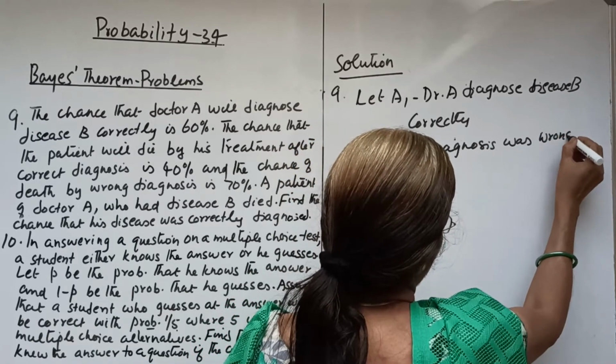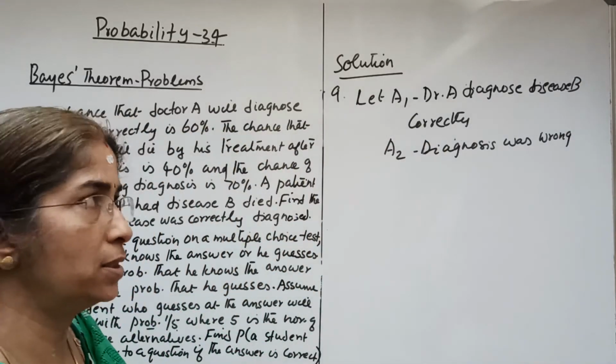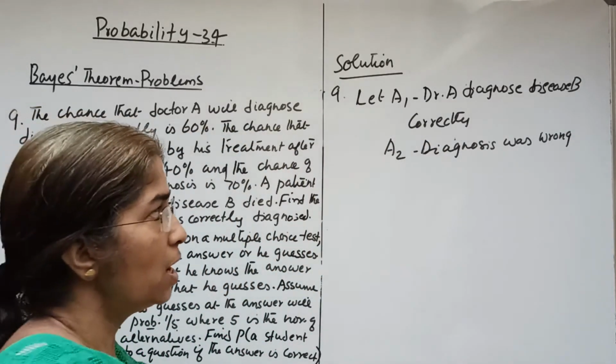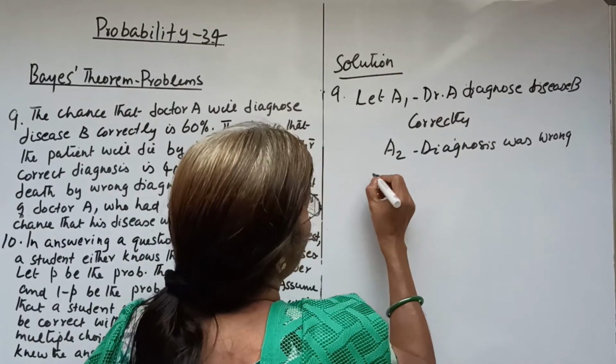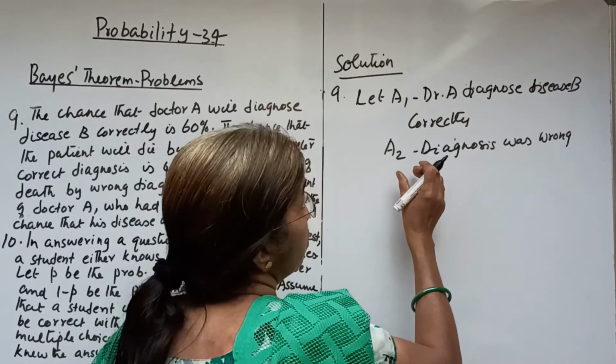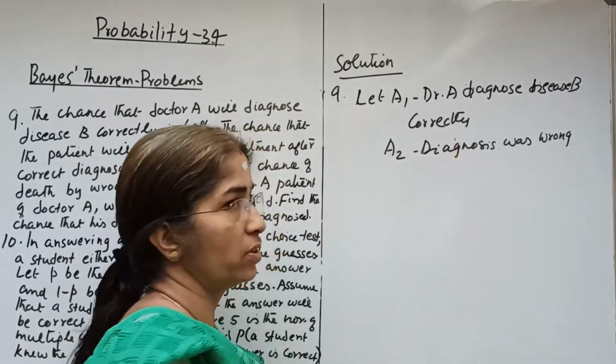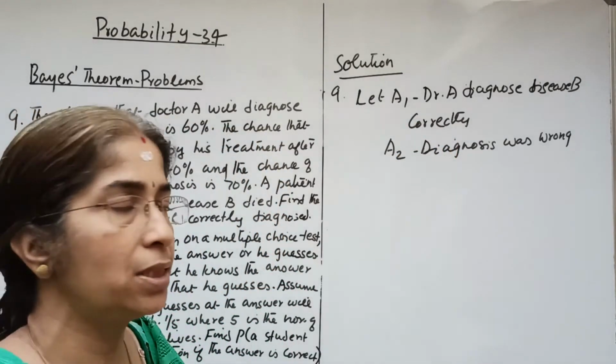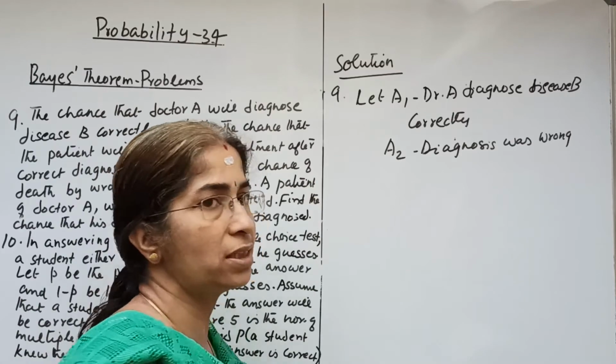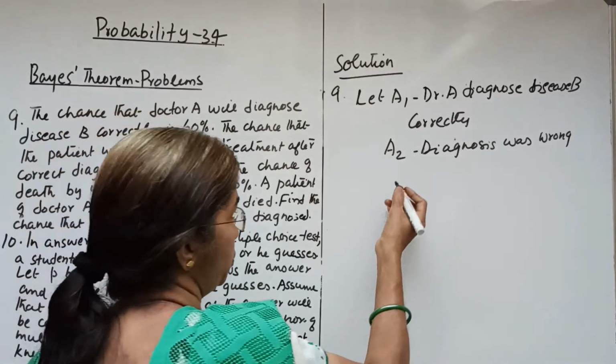Two options, two alternatives, and these are mutually exclusive and exhaustive. It is very important that these two events are mutually exclusive and exhaustive, so that the sum of P of Ai equals 1.